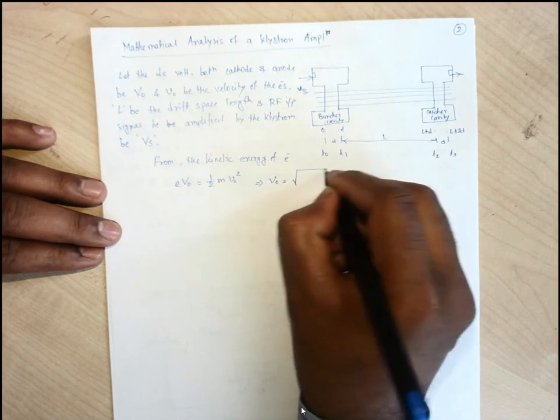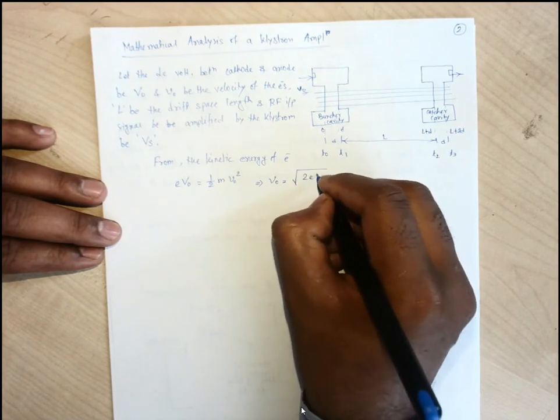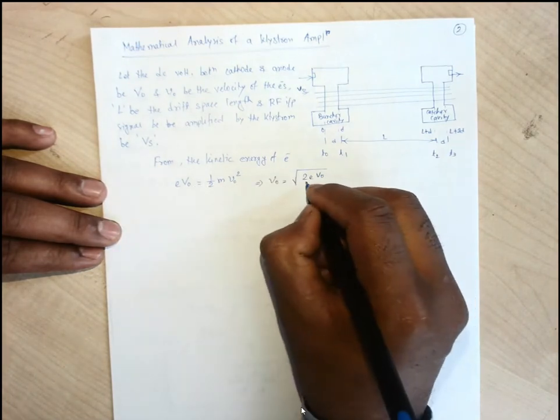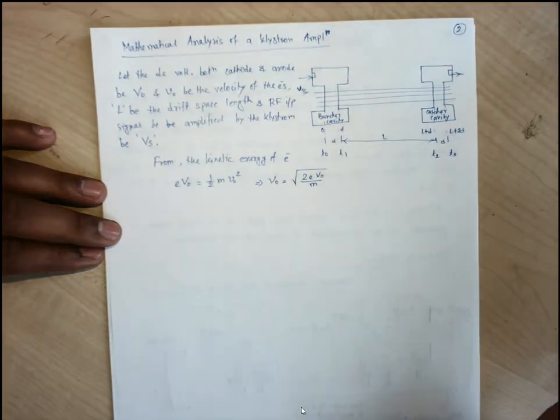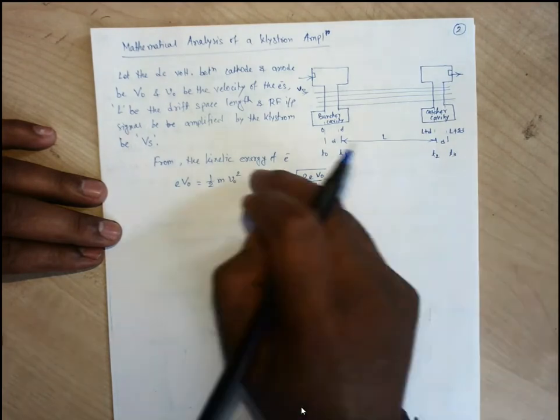It is the square root of 2eV0 by m. So it is the reference velocity.